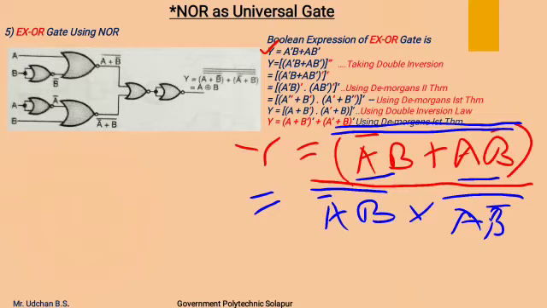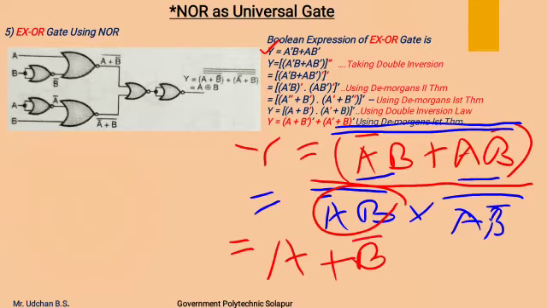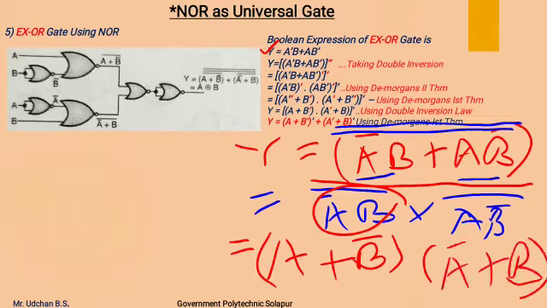Now here I will apply De Morgan's theorem for this one, which will give you A plus B complement into A complement plus B. This equation is written over here.